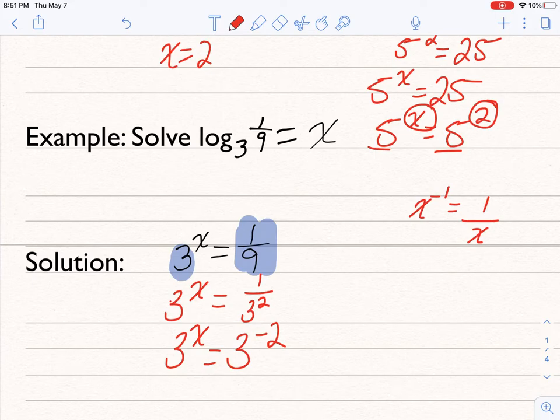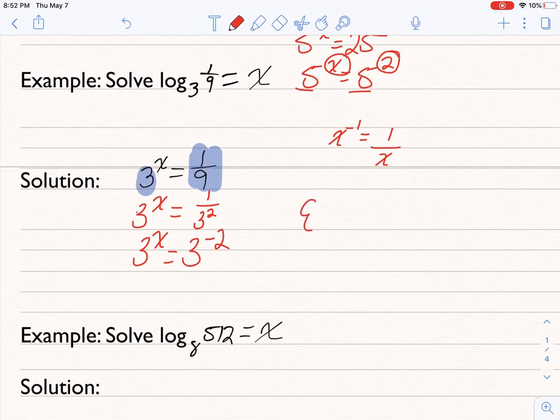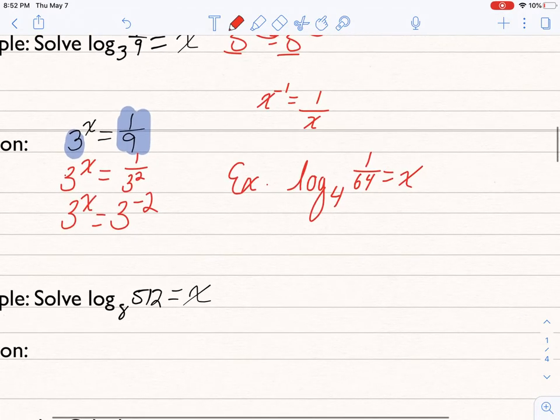So let's do another one, because I know kids kind of struggle with the fractional part of it. So, for example, I've got log base 4 of 1/64 equals x.